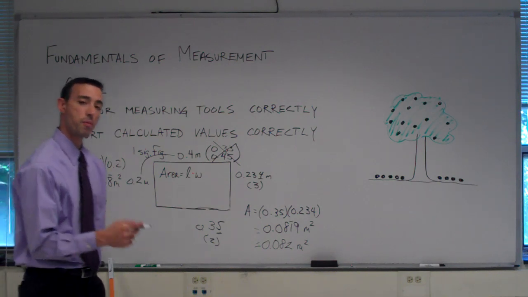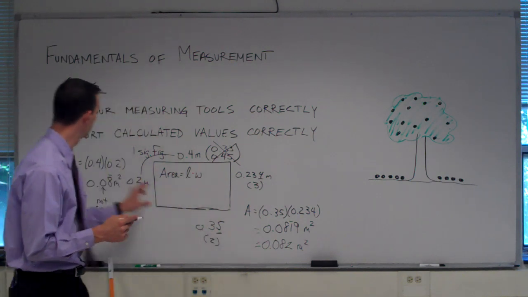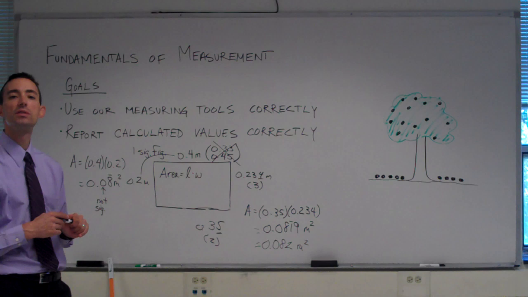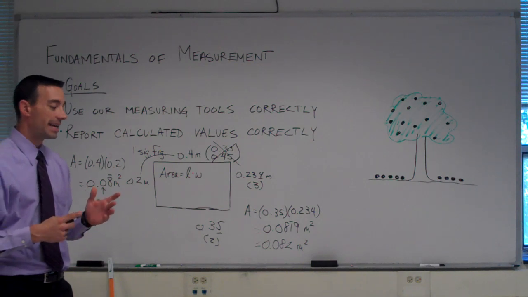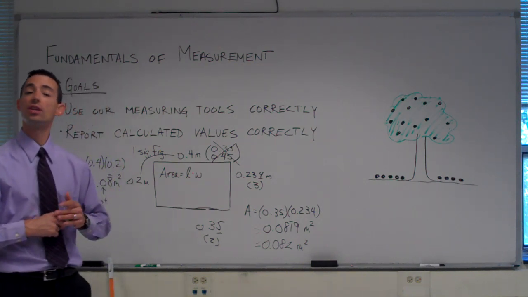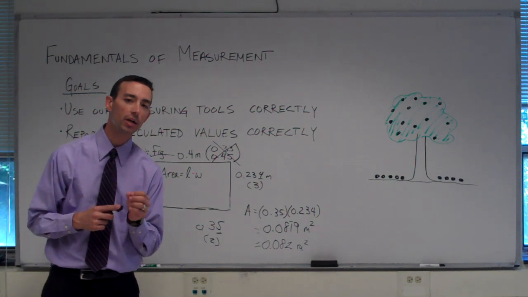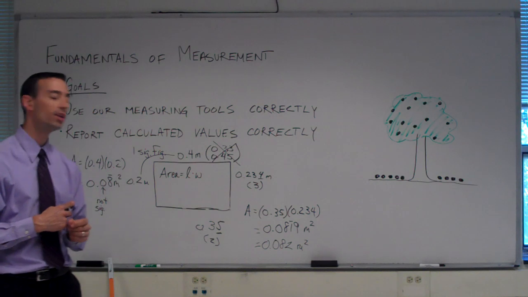So we're able to report a different area for the same object depending on the tools that we use to measure the object itself and the properties of the object. Does that mean the area changed? No. Our ability to correctly and accurately report it changed with the tools that we used.